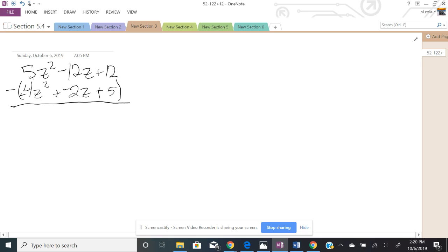So 5 minus 4 is 1z squared, or just z squared. Then you have negative 12 plus negative 2, which gives you minus 14z. And then you have 12 plus 5, which gives you plus 17. Okay, so you can work them horizontally or vertically. It does not matter. Pick whichever one you like the best.